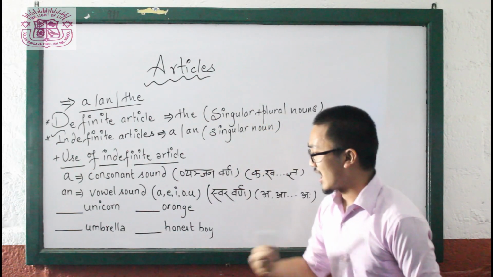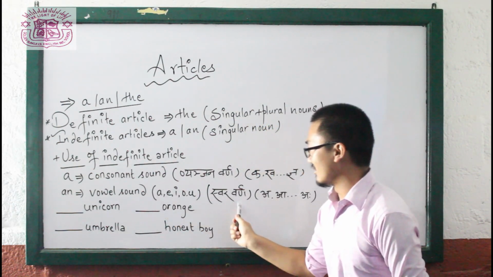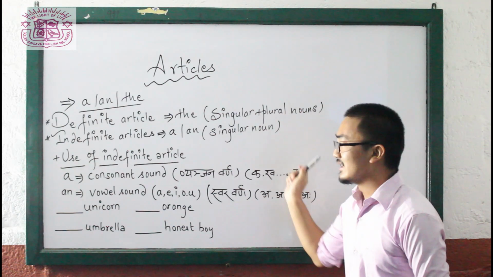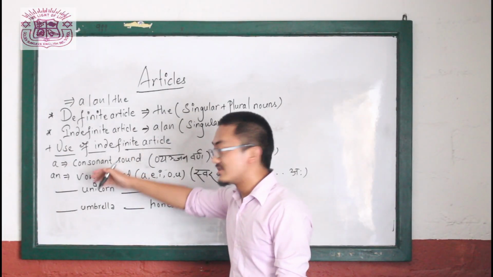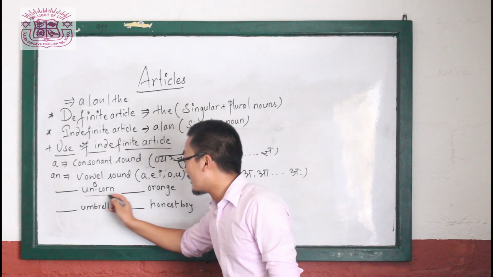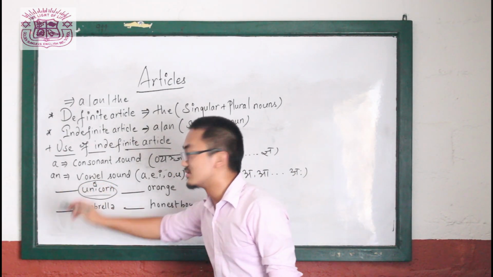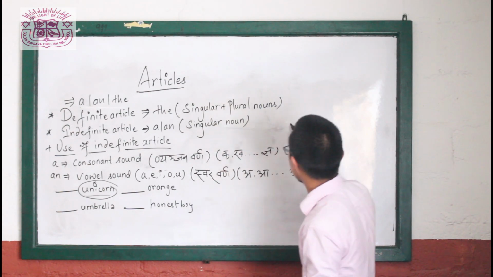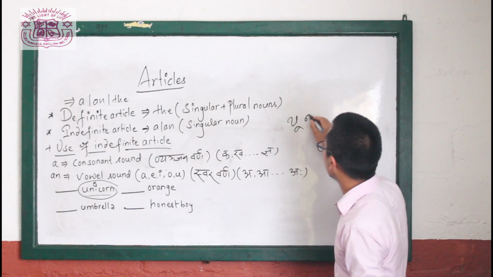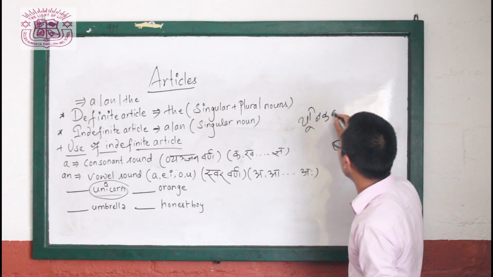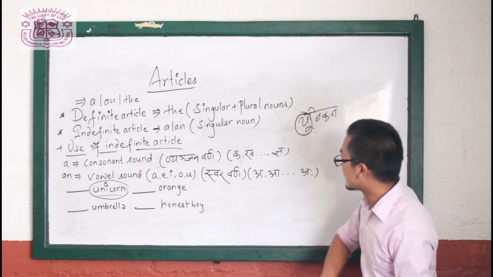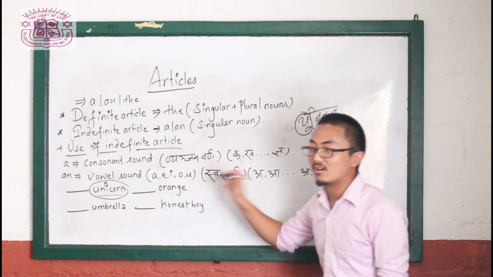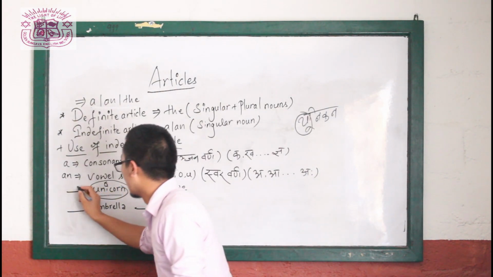But if it sounds like Swor Varna, that means A, I, E, then at that time you have to use an. You can see the word here, unicorn. While you pronounce this word, it sounds like yunicorn. That means it sounds like Vyanjan Varna. So you have to keep here a.